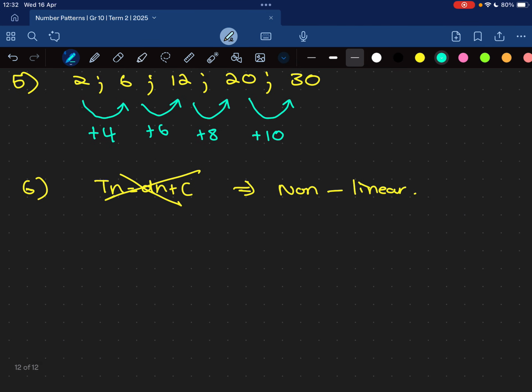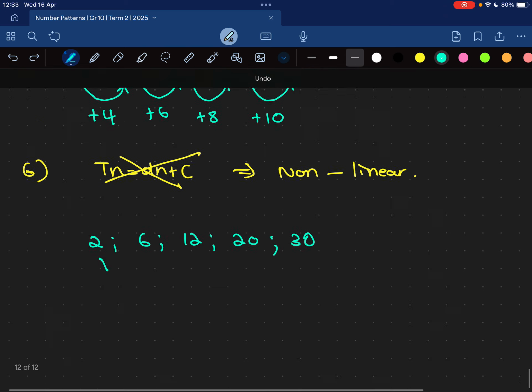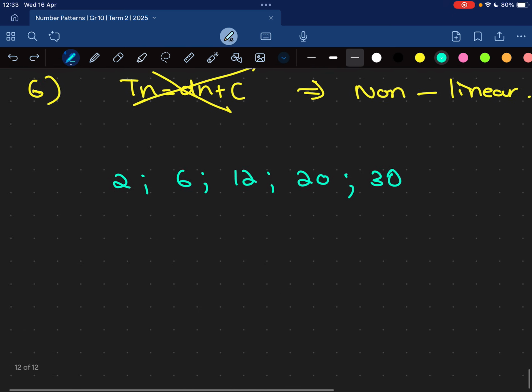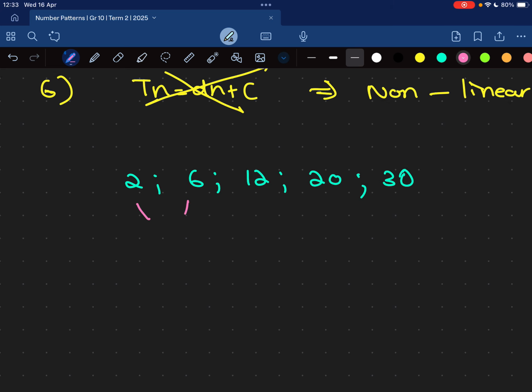We start with 2, 6, 12, 20, 30. So the difference between these two is going to be 4. This one is 6, this one is 8, this one is 10.